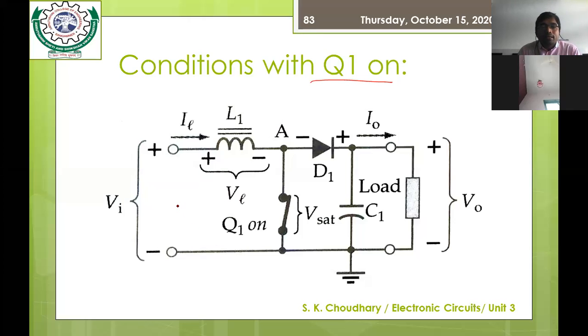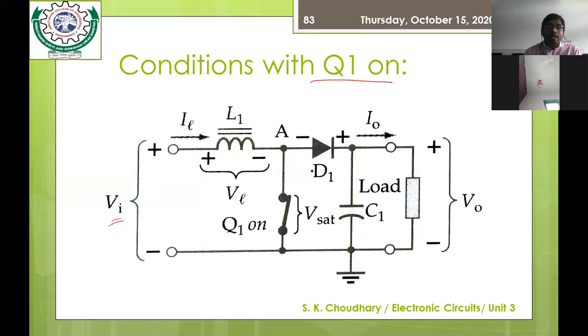Now you can see here the input voltage Vi. When the transistor is switched on, what happens? The current flows through the inductor, as the diode is in series with the inductor, and since the switch is on, some voltage is developed across the transistor switch in such a way that negative polarity appears at the anode of the diode and positive polarity at the cathode.